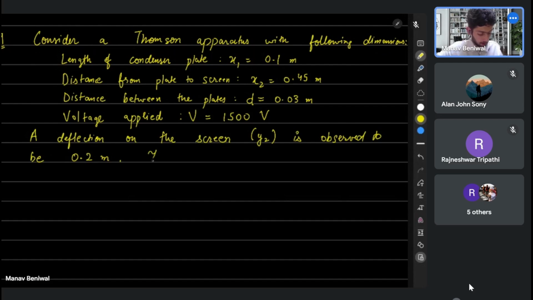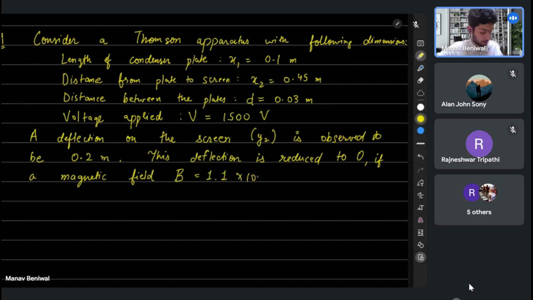This deflection is reduced to 0 if a magnetic field B equal to 1.1 into 10 to the power minus 3 Tesla is applied.